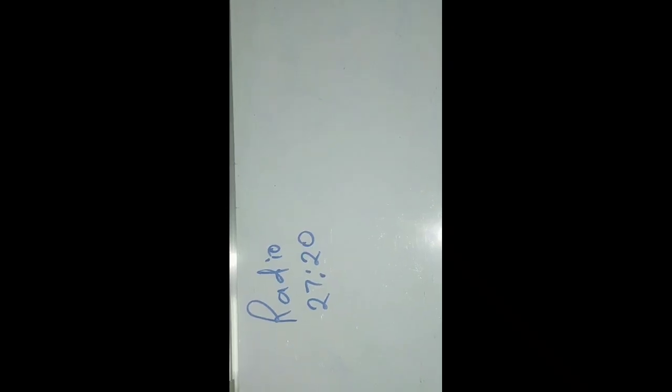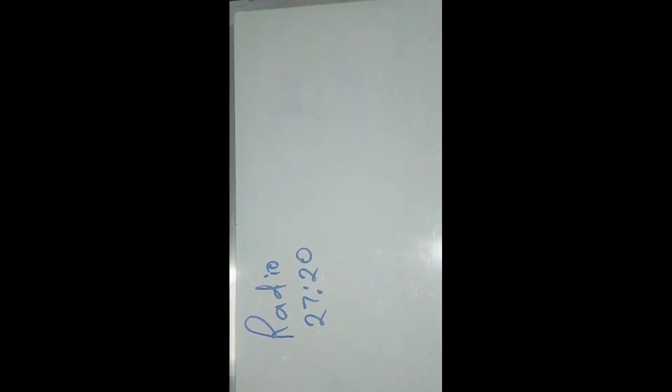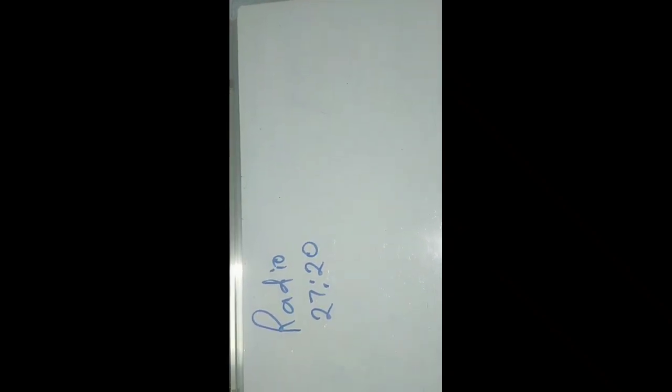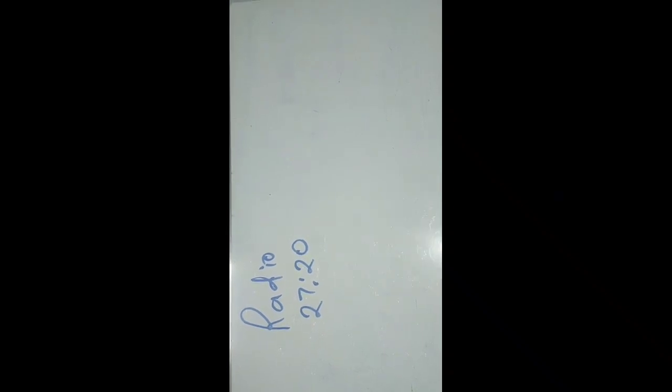So the price of the radio increased in the ratio 27 is to 20. Then we are told that if the price was 1,000, find the new price.